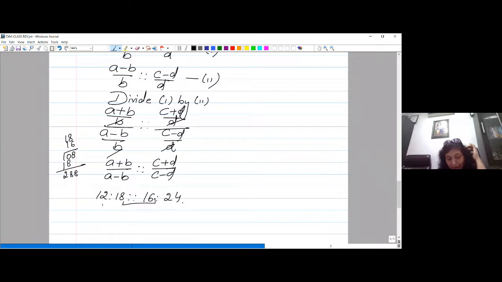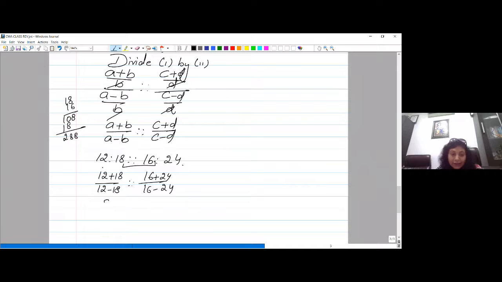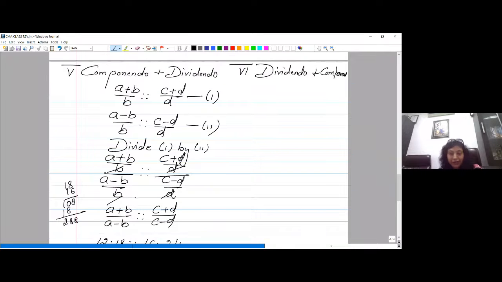So what we have done is (12 plus 18) upon (12 minus 18) is in proportion to (16 plus 24) upon (16 minus 24). So this is 30 upon minus 6 is in proportion to 40 upon minus 8. Again, check it out: 30 times 8 is 240, 6 times 40 is 240. This is called componendo and dividendo.